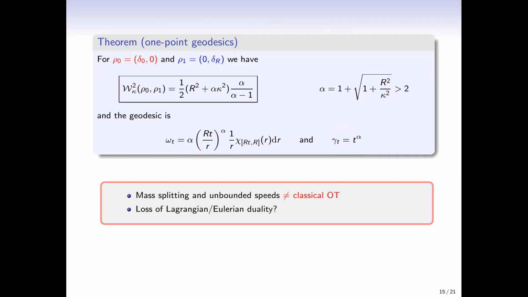So pay attention. I'm not saying that some particles travel with infinite speeds. I'm saying that there's many particles, and you cannot give an upper bound on the speed of such particles. So every particle that you look at has a finite speed, but the value of the finite speed can be arbitrarily large, okay? This does not happen in classical optimal transport, because in classical optimal transport, the furthest that a particle can travel is essentially the diameter of your space, right?